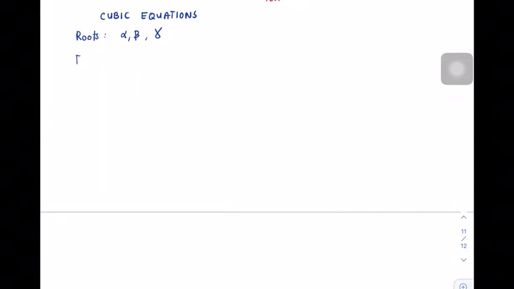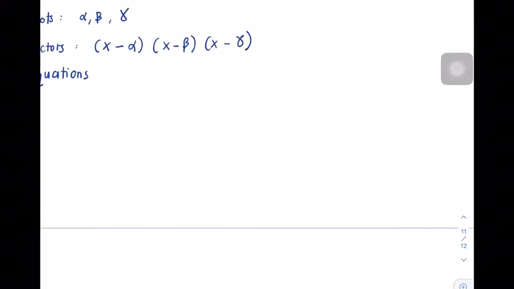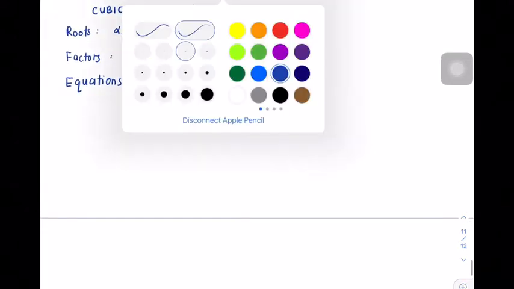So that means the factors of the cubic equation will be x minus alpha, x minus beta, and x minus gamma. And so for the equation, we have to expand the factors here.